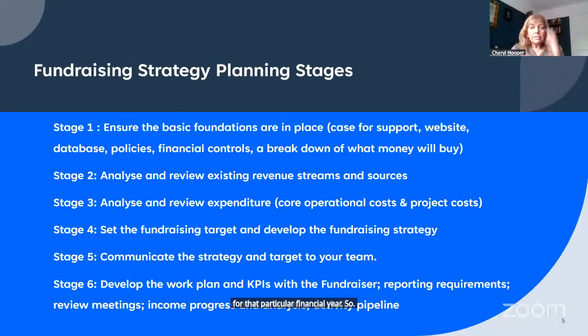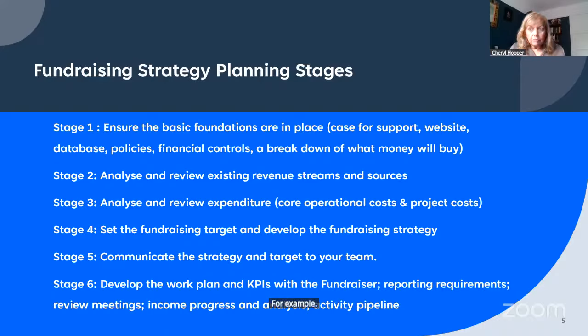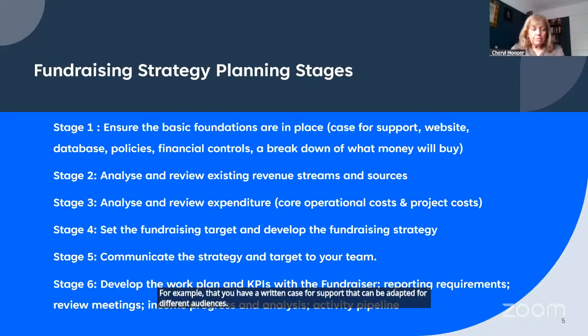So here are the different stages that should be followed when developing a fundraising strategy. Beginning with the first stage, you must ensure that you have the basic foundations and fundraising tools in place, for example, that you have a written case for support that can be adapted for different audiences, you have a website and database of your supporters, that there are financial controls, and you have an understanding and breakdown of what money will buy.